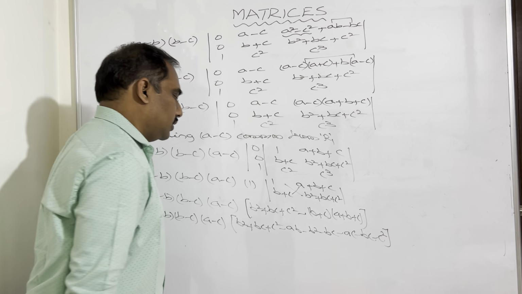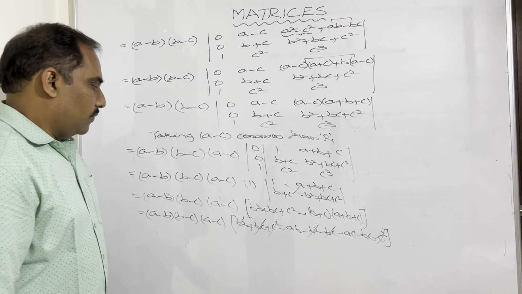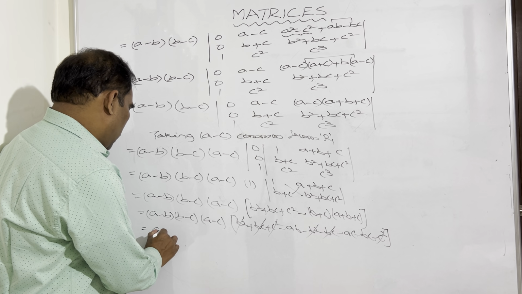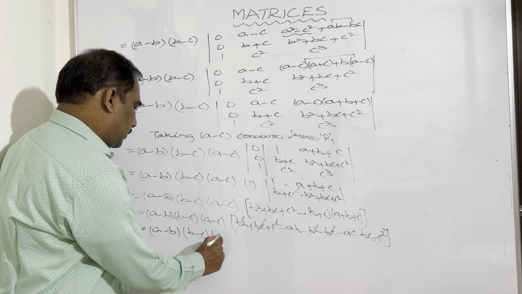See, observe here, plus c square minus c square, and plus b square minus b square. So plus bc and minus bc gets cancelled. Finally, we have a minus b into b minus c into a minus c.